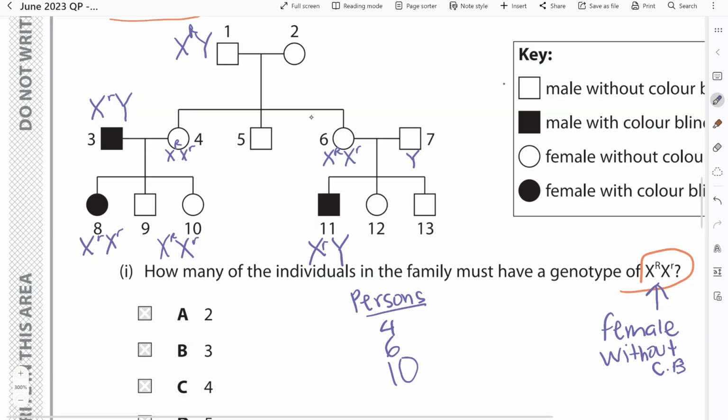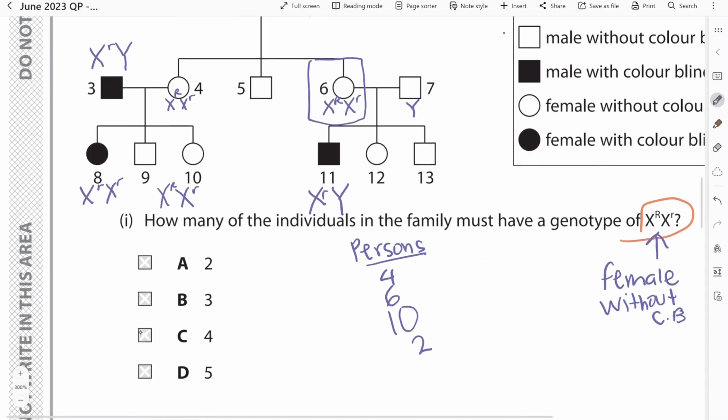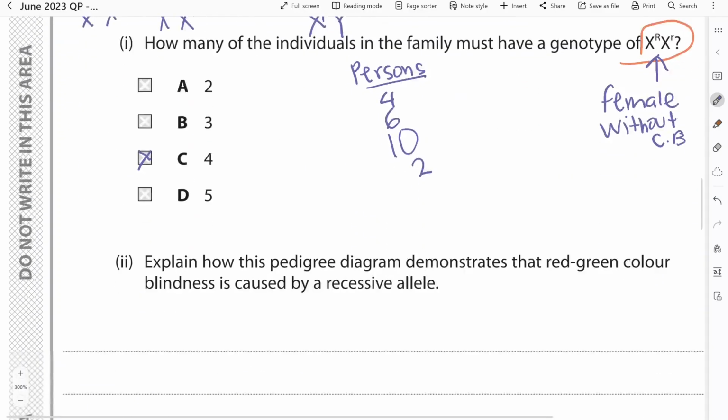Let's take number 6, for example. If they're heterozygous, it means that they take the dominant allele, or the one with X capital R, from the dad. That means the lowercase r must come from the mom, and the mom does not have color blindness, so therefore she is a carrier. So these are the 4 people that are heterozygous. So the answer is C.